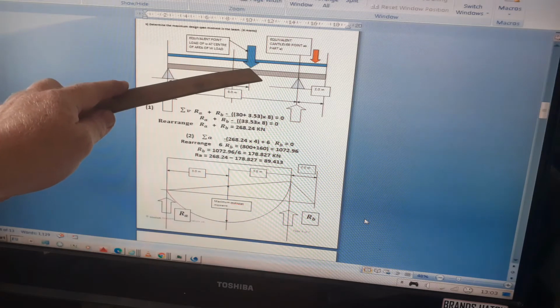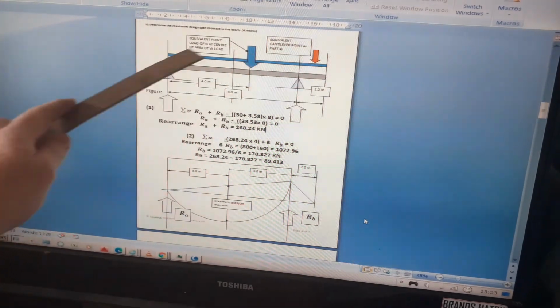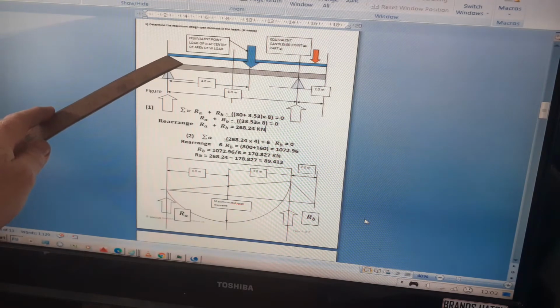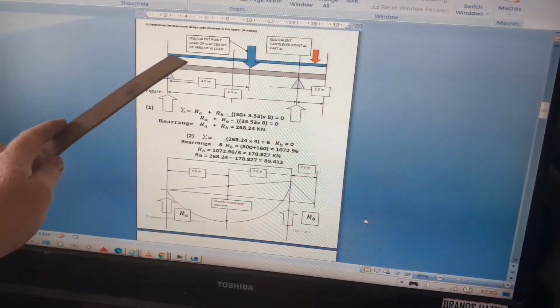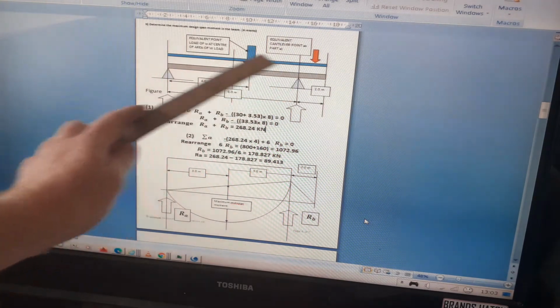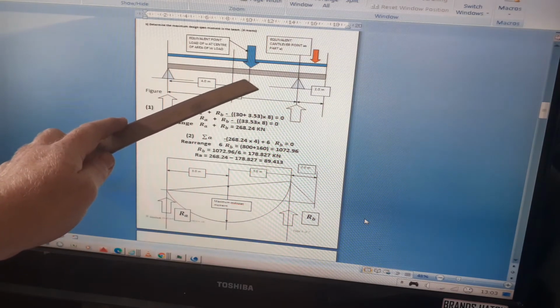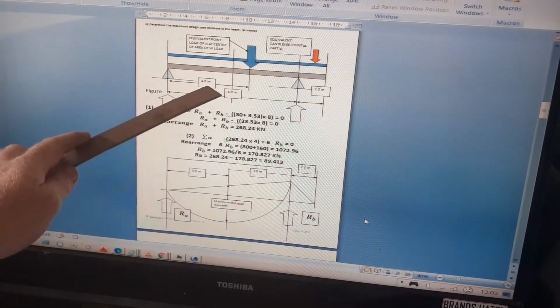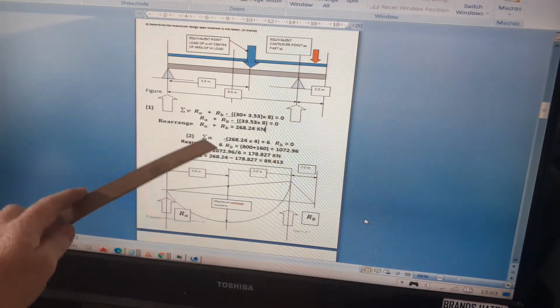So we can take the equivalent point load, and that is acting at the centre of load of the UDL. The entire length of the UDL is 8 meters, and it's obviously the same over the entire length. So the centre of load of the UDL is the length of the load divided by 2, which is 4 meters. So then we take moments about A.